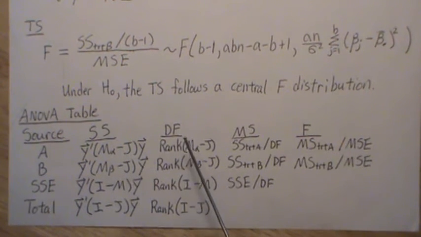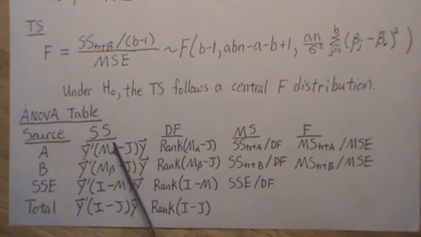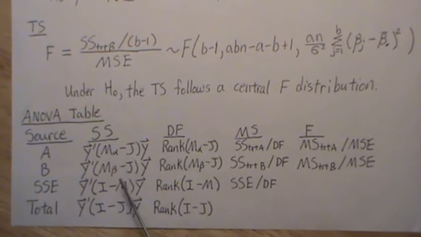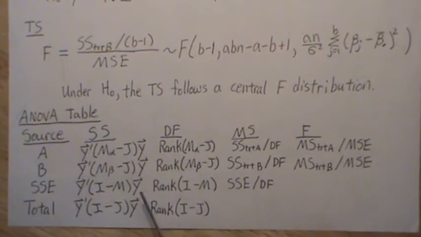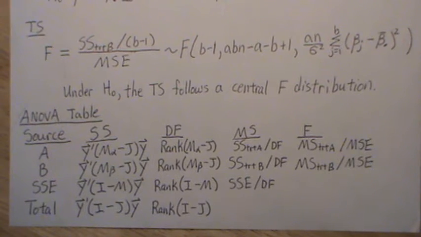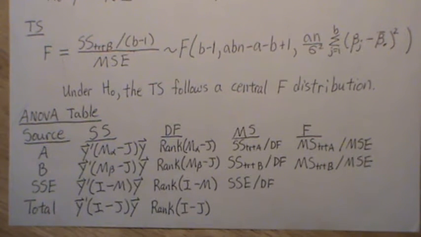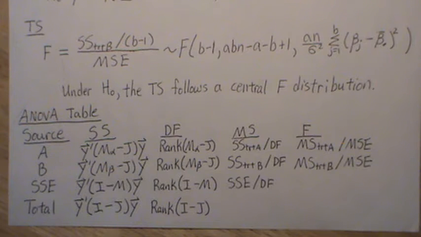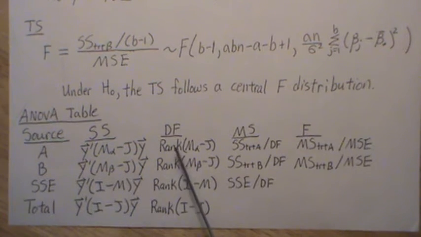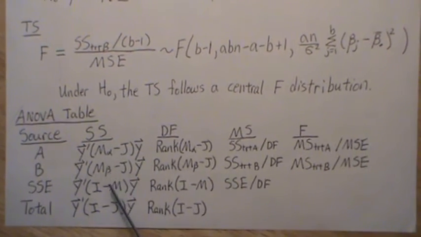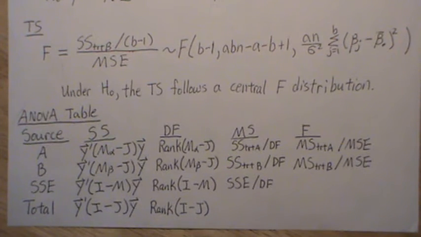The degrees of freedom associated with those sums of squares is actually the rank of that matrix in the middle. Now, often people have rules of thumb, how many parameters we're estimating, how many restrictions, and those are good rules of thumb. But in reality, it's the rank of that quadratic matrix that is the degrees of freedom.